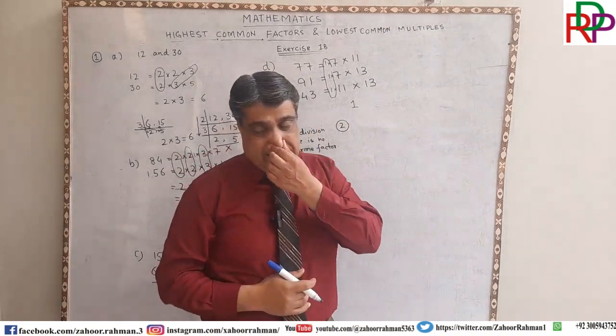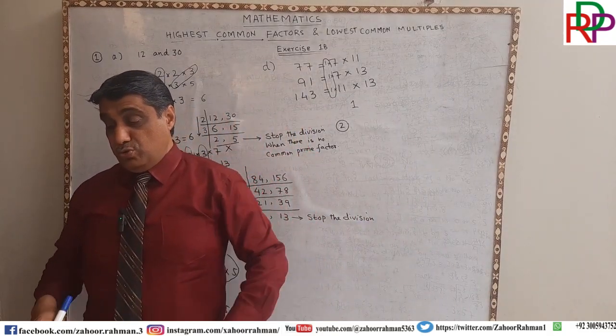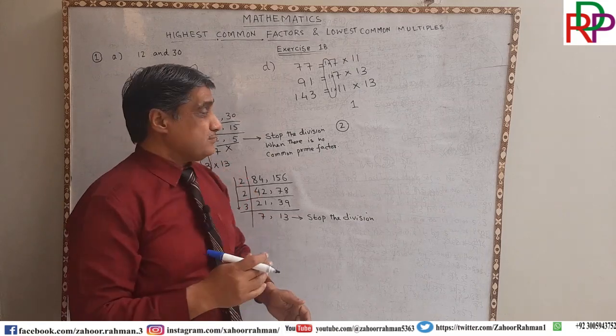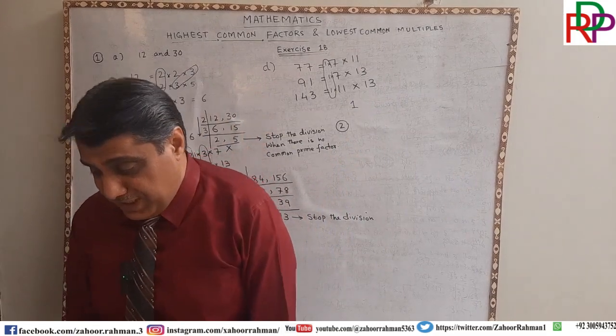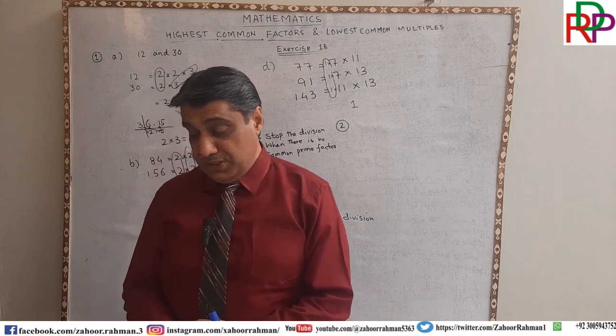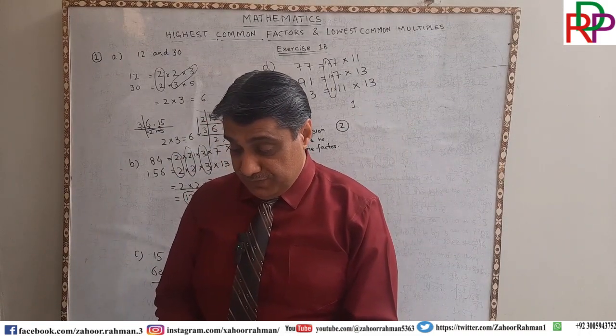Now we are turning our focus to question number 2, and that is 24. What the question is saying: find the lowest common multiple of each of the following sets of numbers.